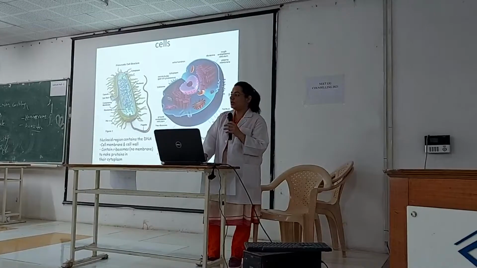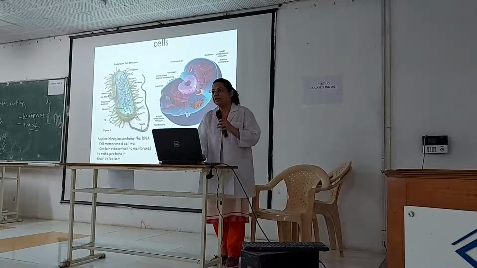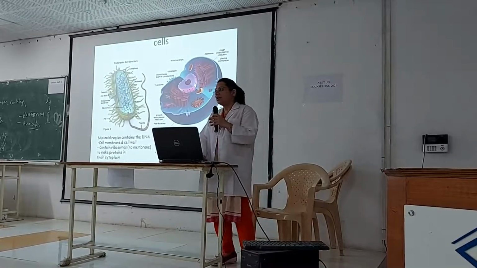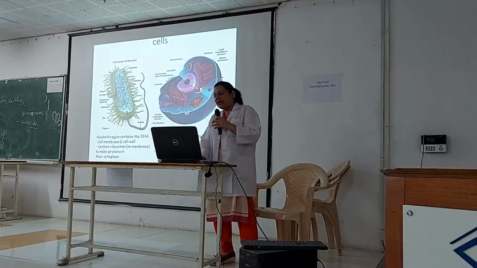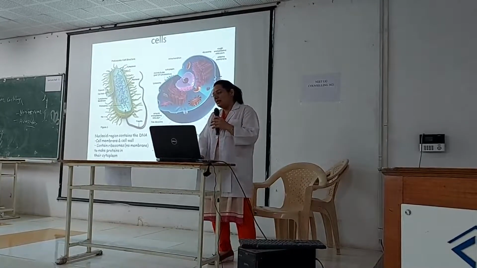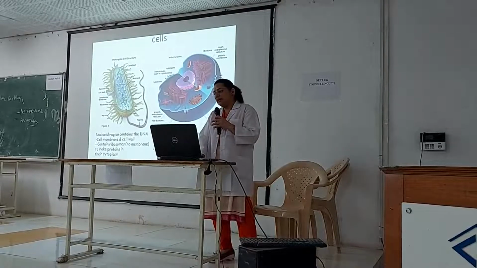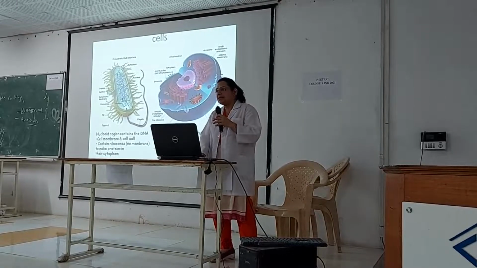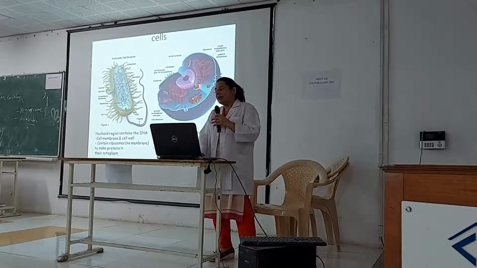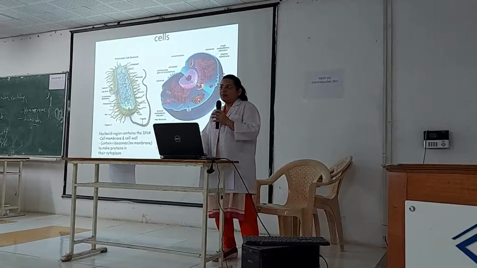This will lead to the multiplication and the continuation of the product to the next generation. And in eukaryotes, you can see a well-defined nucleus with proper nuclear material and well-defined organelles which are membrane-bound, and they are responsible for particular functions.